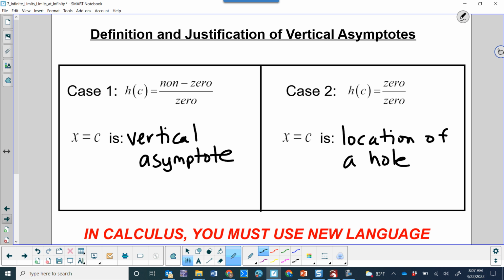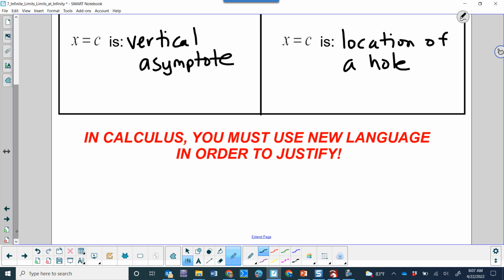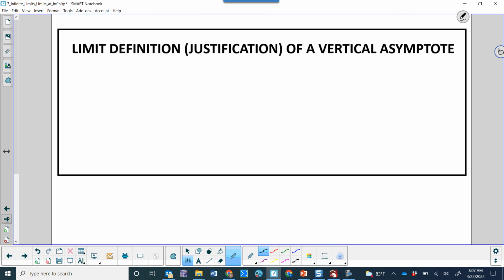Okay, and so that's what we want to do for dealing with our asymptotes, or that's how we previously did. Now we have to say it a little bit differently because we have to use calculus to talk about it.